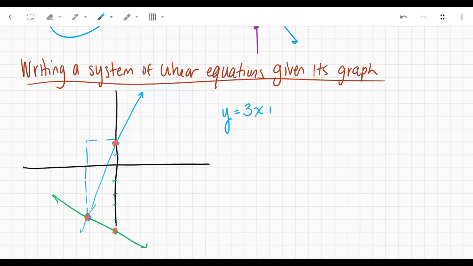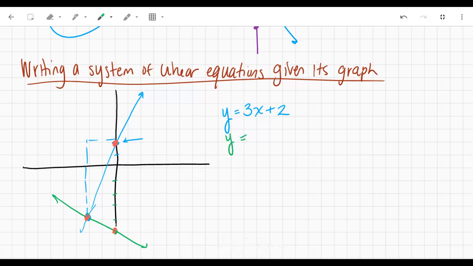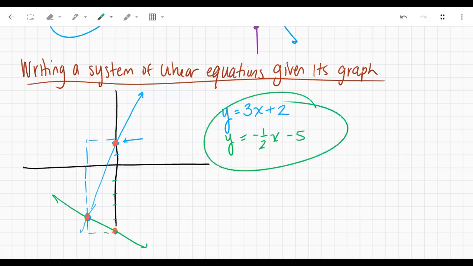So 3x plus the y-intercept there at 2. And then for our green line, y equals, the slope would be down 1 over 2, so negative 1/2 x, and our y-intercept is negative 5. And that's it. That's your solution. You're just writing the equation of the two lines.